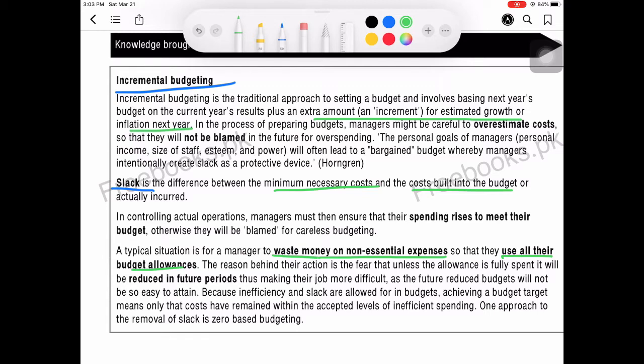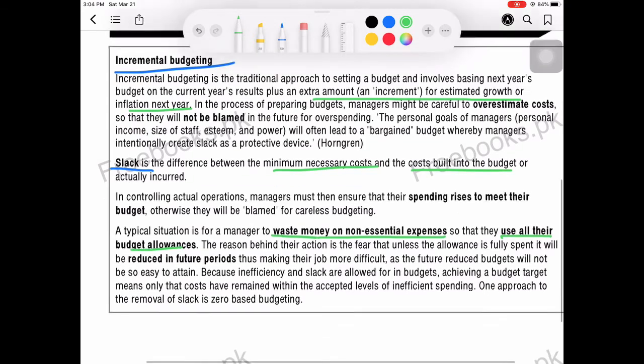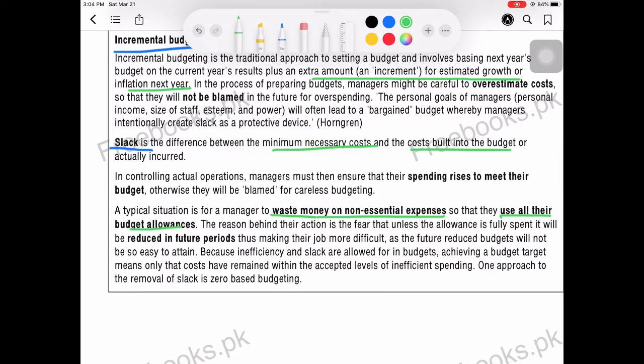We'll see it again here. Okay, we'll read the text also for the slack. So what happens is that managers use this slack for their benefit sometimes, or they waste more money on advertising, which is actually not essential. So the problem here is that they are wasting the resources of the organization.